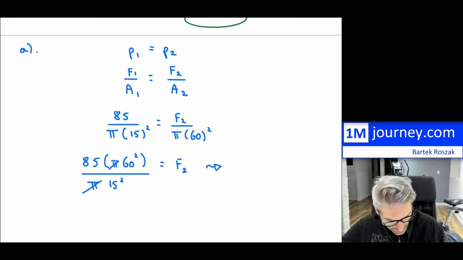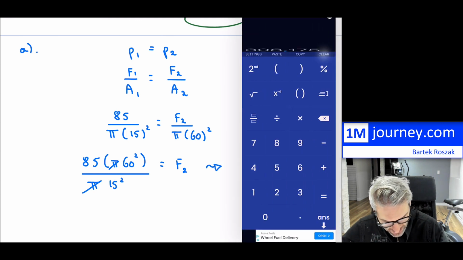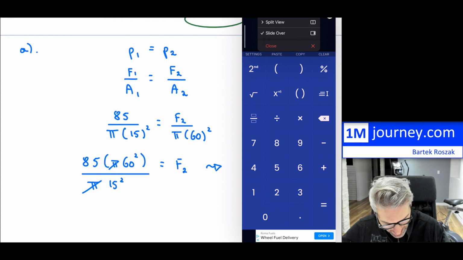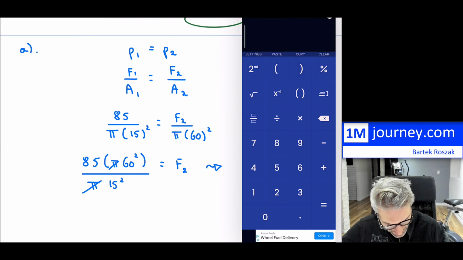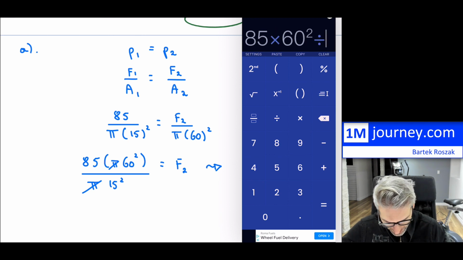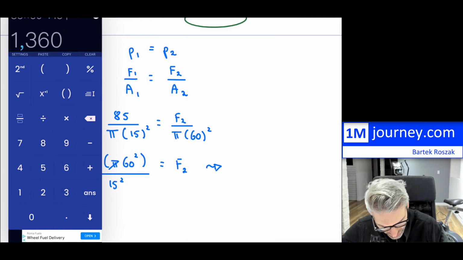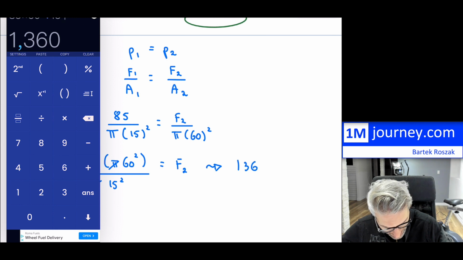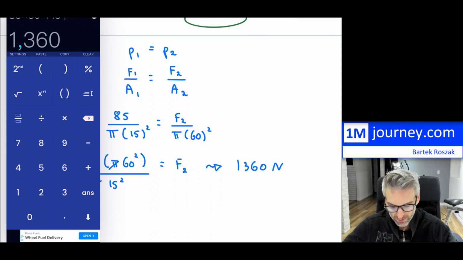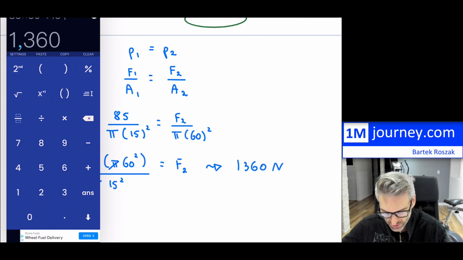Okay, so let's take out our calculator and see what we get. This is going to be 85 multiplied by 60 squared, divided by 15 squared. So my force is 1360 newtons. Notice that I did keep the 85 in newtons, so this is still going to be newtons.